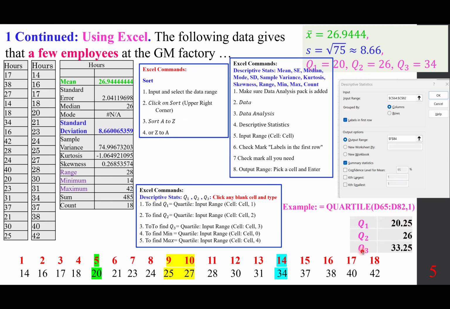But Q1 and Q3, they are calculated differently, and that's my point. It doesn't matter which technology you use. If you understand the concept, you get full credit. And more importantly, if the data is large, then there is no discrepancy between the two.